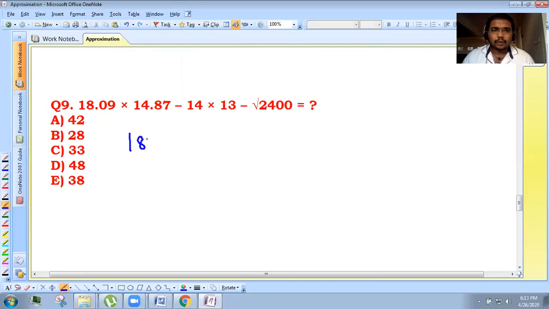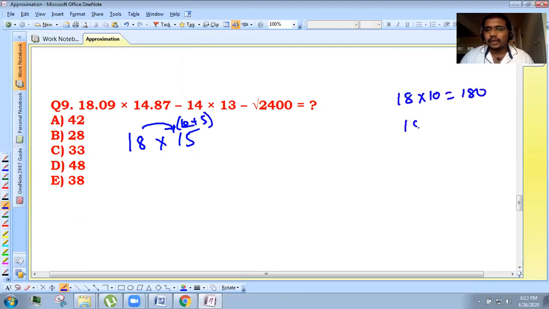This is 18 into 15. 18 tens are 180. 18 fives are half of this value, 90. That is 180 plus 90 is equal to 270, minus 14 into 13. 14 into 13, or 13 into 14.